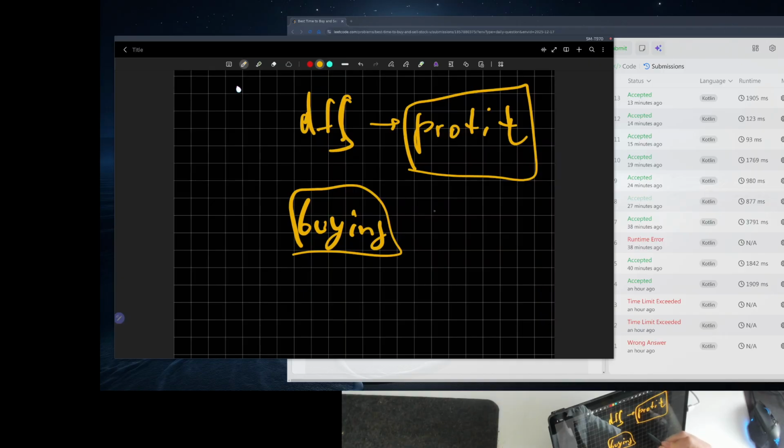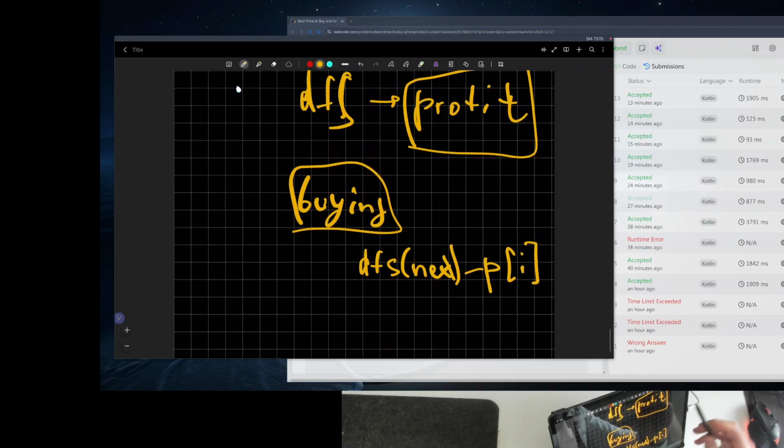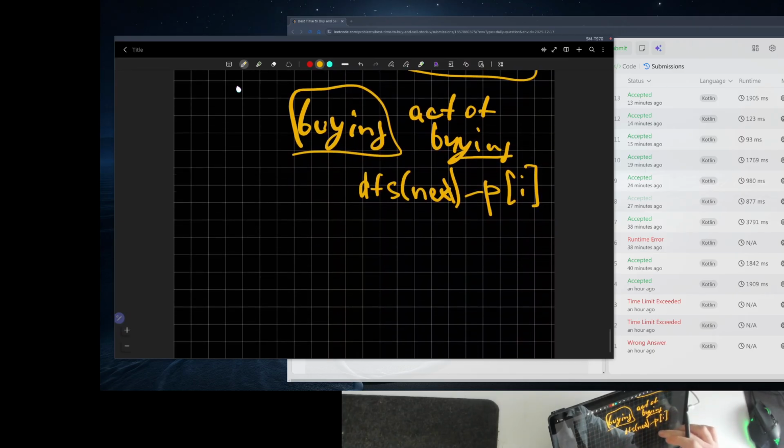That would mean that the suffix profit, like DFS next, would be less by the amount we spent to buy the stock, like the act of buying. I don't know if it's the correct word, or you should say it bought.